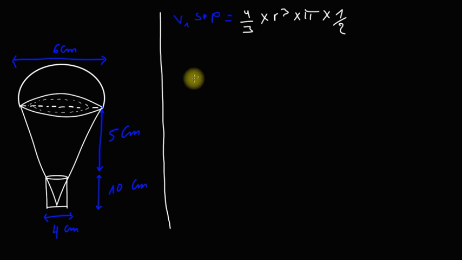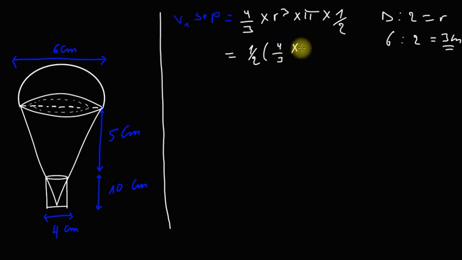So now here, for the sphere, we have a diameter. If you have a diameter, you can divide by 2 to get the radius, and we have 6 divided by 2, which is 3. Our radius is equal to 3 centimeters, and we can substitute into this formula: 1/2 times 4/3 times radius cubed, which is 3 cubed, times pi.